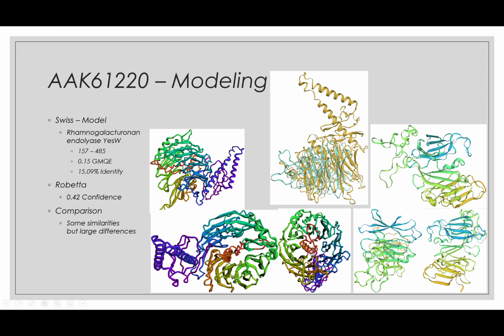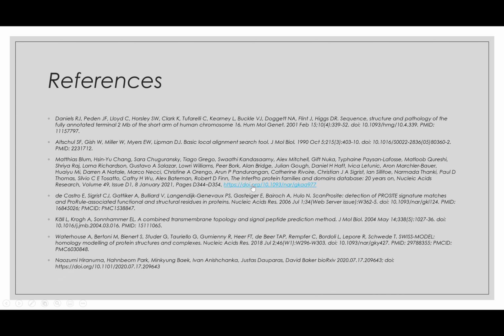And when doing the comparison, there are some similarities, especially a few beta strands that look to be in similar positions, but there are also very large differences. And so obviously there are a lot of predictions we can make about function here and looking at the form. And I'll be coming to some more solid and concrete conclusions in my paper.